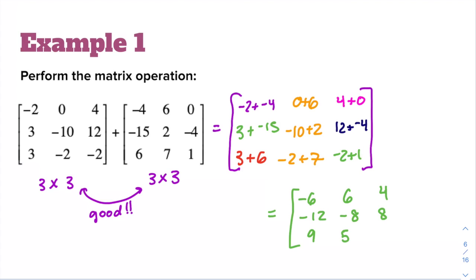And -2 plus 1 gives me -1. So that would be my final matrix. Your final matrix with addition and subtraction is the exact same size as your original matrices. So that is another thing that you can check, but that would be the final answer.